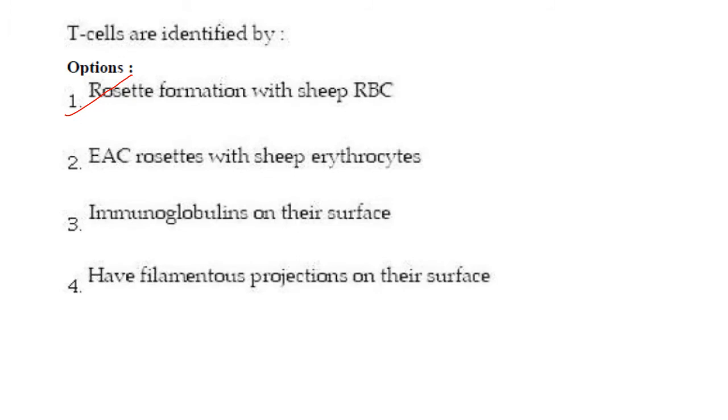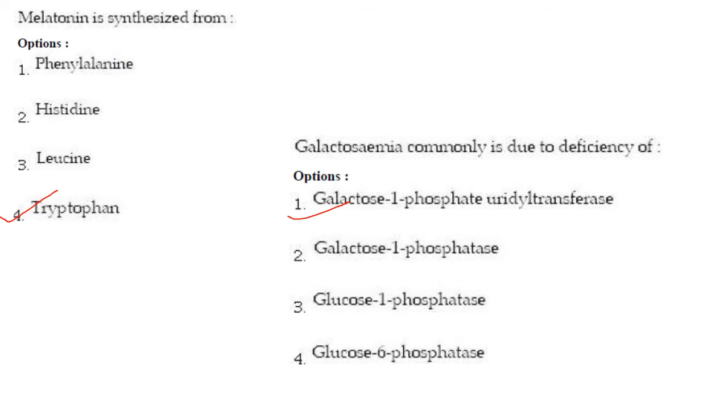Next one. T cells are identified by option 1 rosette formation with sheep RBC, 2 EAC rosettes with sheep erythrocytes, 3 immunoglobulins on their surface and 4 filamentous projections on their surface. Answer is option 1 rosette formation with sheep RBC. Next one.